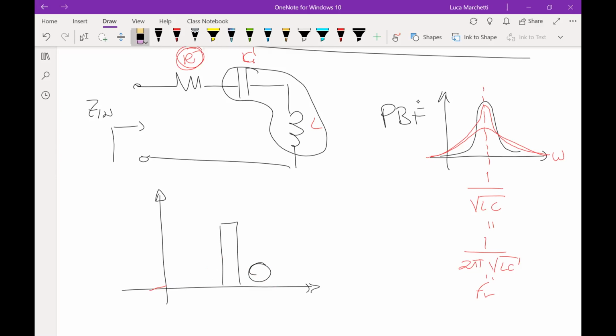So the wider this curve is, the uglier your passband filter is. In theory, you would like to have a very steep curve here and then like this. This is a very good passband filter. And the quality of this passband filter is determined by the value of R.